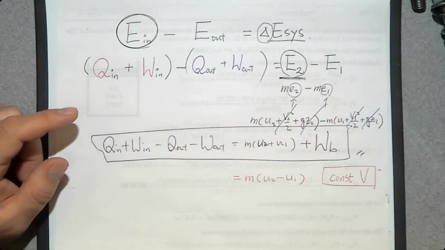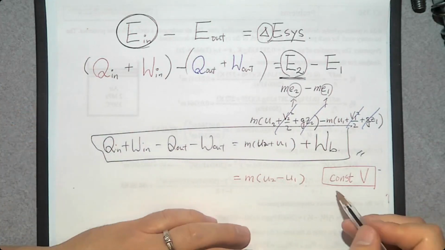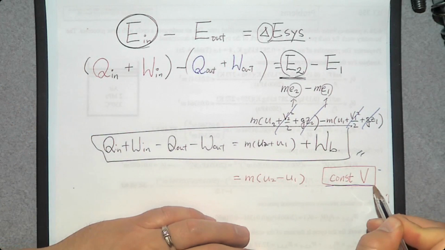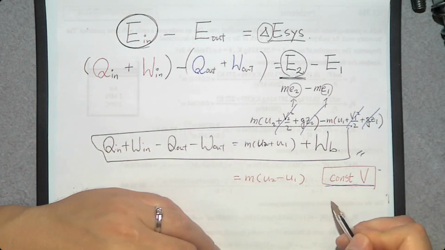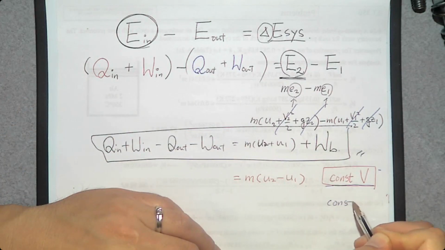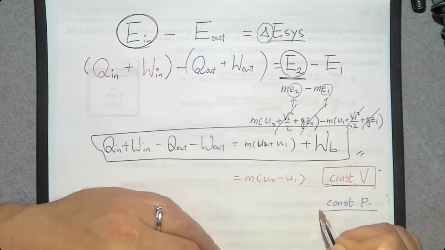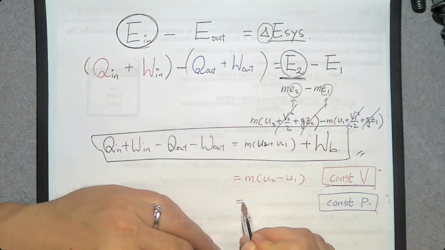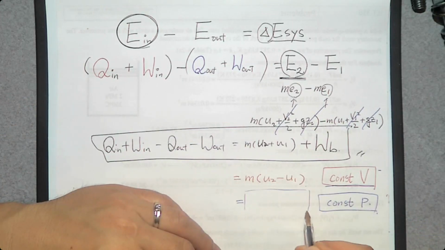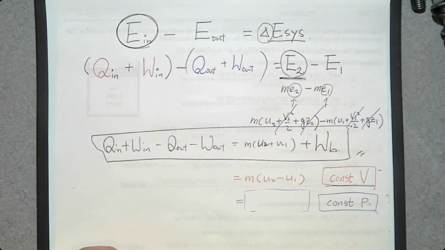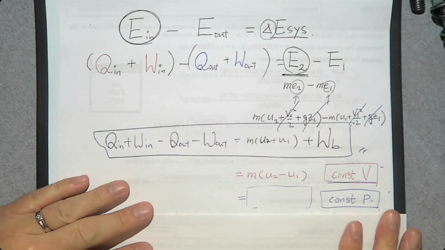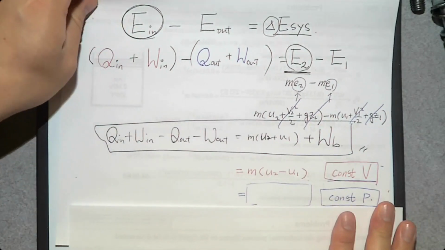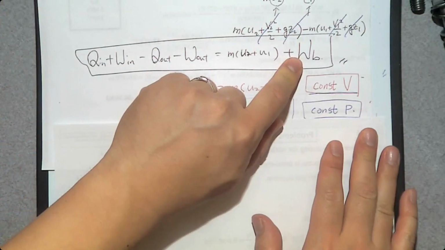Okay, that's simple. And what else? If you talk about constant volume, you want to talk about another constant property. What is it? Constant pressure. If you have a constant pressure, what's going to be on the right-hand side? When you have a constant pressure, what is the moving boundary work, WB?